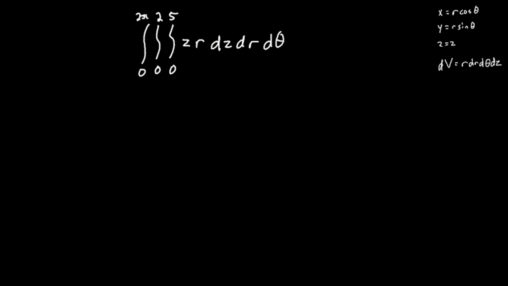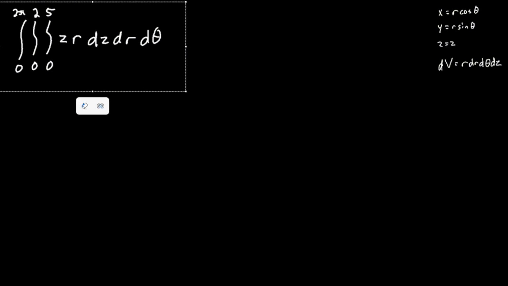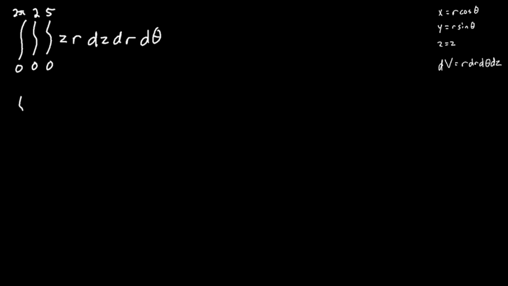Now that we have all this properly set up, what do we do? We just solve it like a regular triple integral in rectangular coordinates. Integrate with respect to z first, and r is treated as a constant. When we integrate with respect to dz, we get z squared over 2 times r, using the power rule, from 0 to 5.